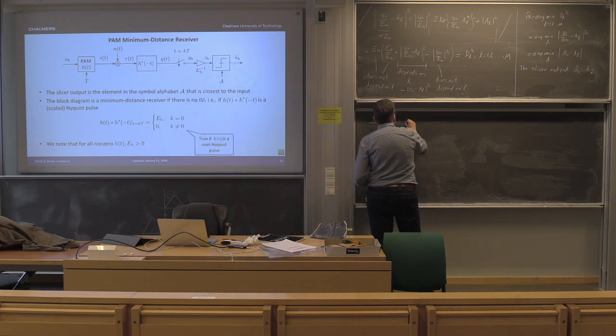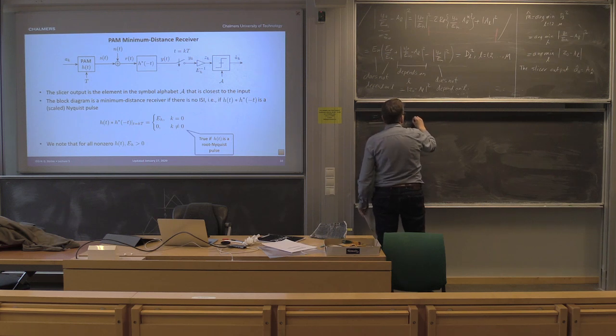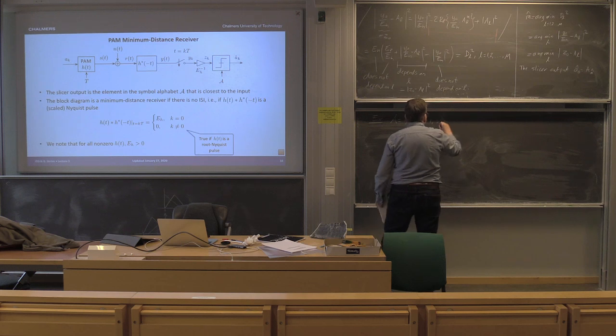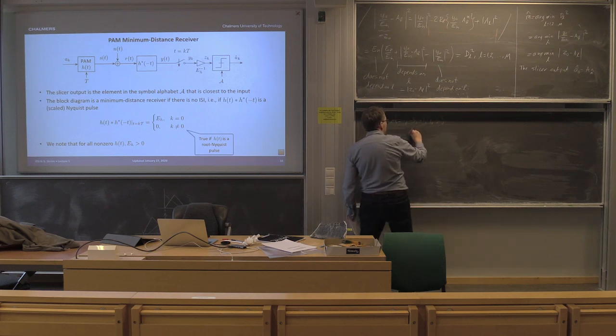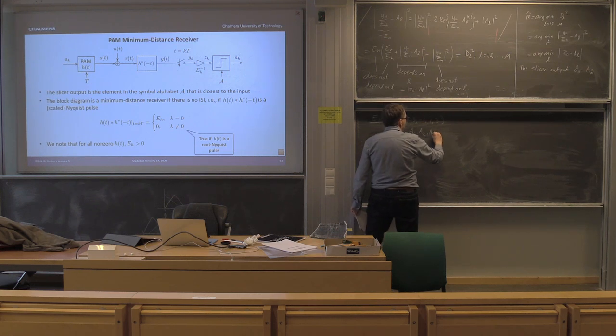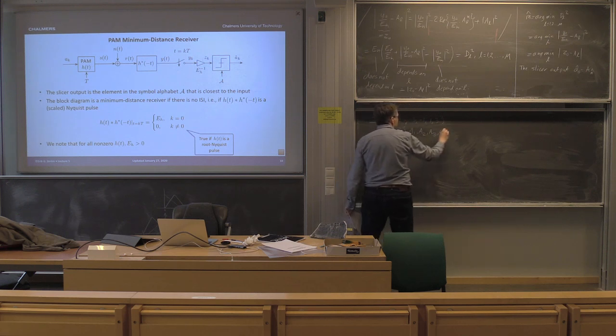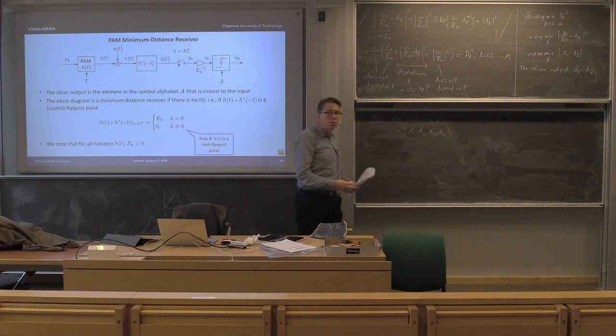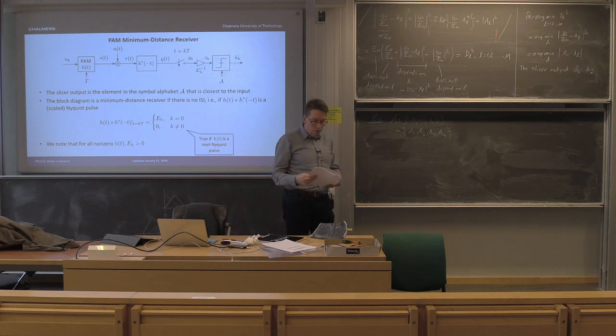So if A is equal to, say, -3, -1, 1, and 3, where -3 is A1, -1 is A2, A3, and A4. So we have a symbol alphabet like this.